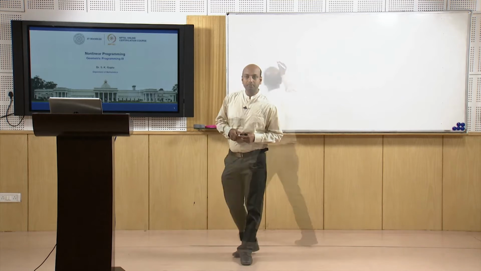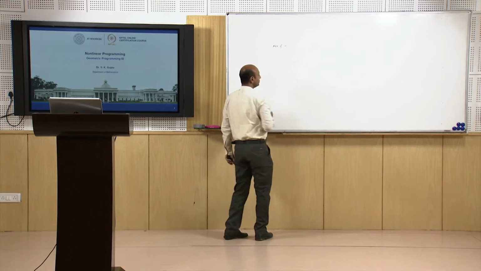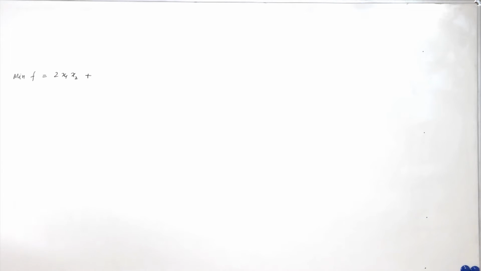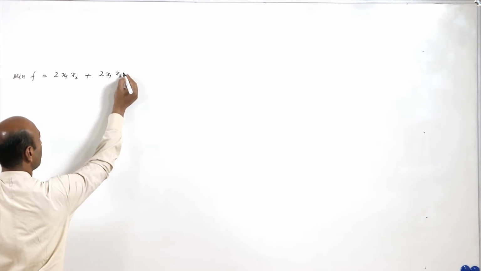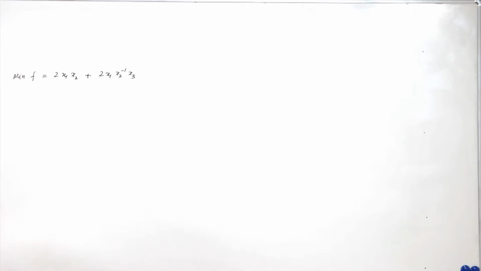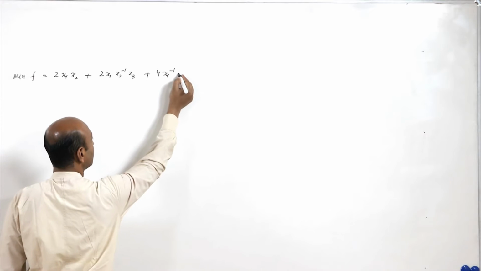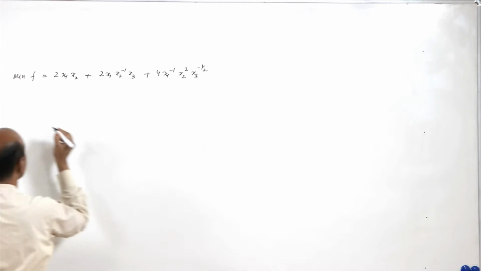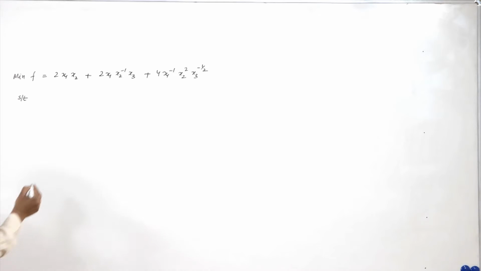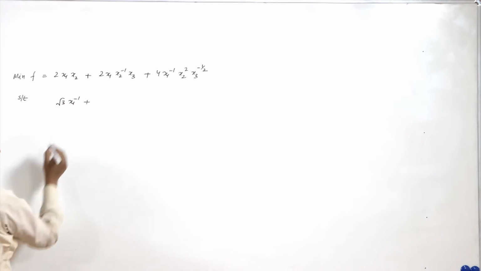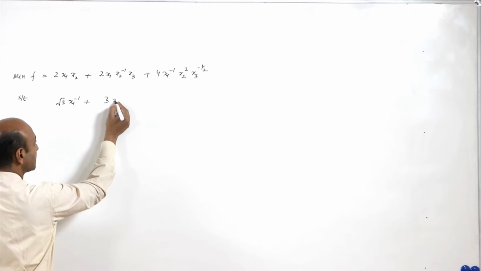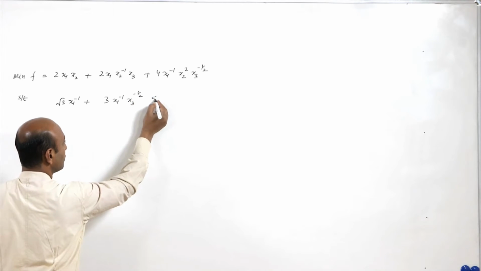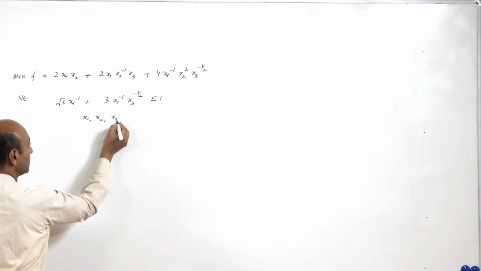Suppose this problem is the minimization of f equals 2x1 x2 plus 2x1 x2 raised to power minus 1 x3, plus 4 x1 raised to power minus 1 x2 raised to power 2 and x3 raised to power minus 1 by 2, subject to the constraint under root 3 x1 raised to power minus 1 plus 3 x1 raised to power minus 1 x3 raised to power minus half less than or equal to 1, and x1, x2, x3 greater than 0.